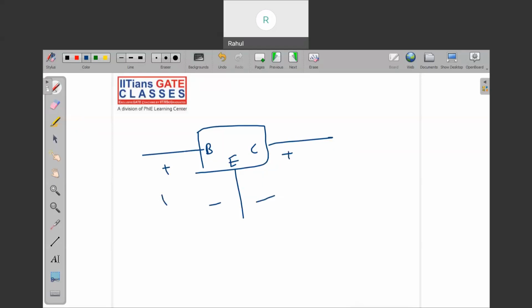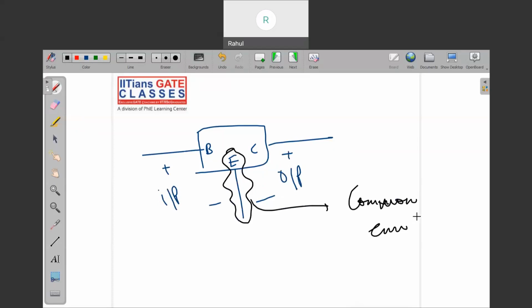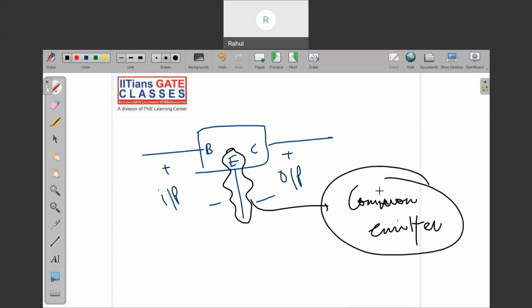Again, which terminal is common? Here the emitter terminal is common, so we call it common emitter. We will also calculate various current gains for the different configurations, common emitter, common base, and common collector, and so on.